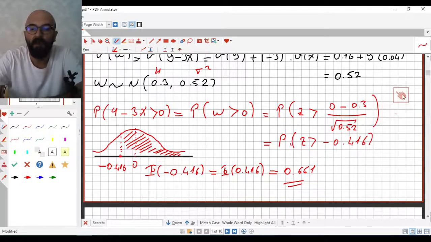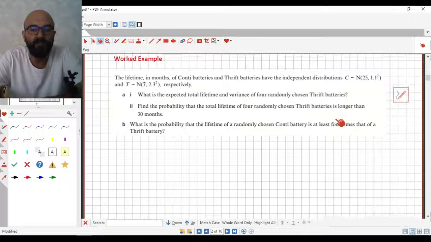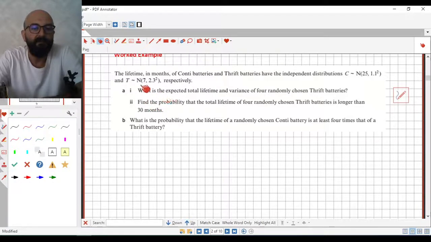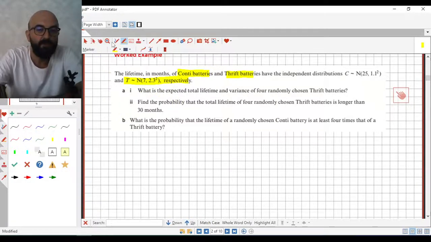Okay, now in another example, the lifetime in months of Conti batteries and Tift batteries have independent distributions.